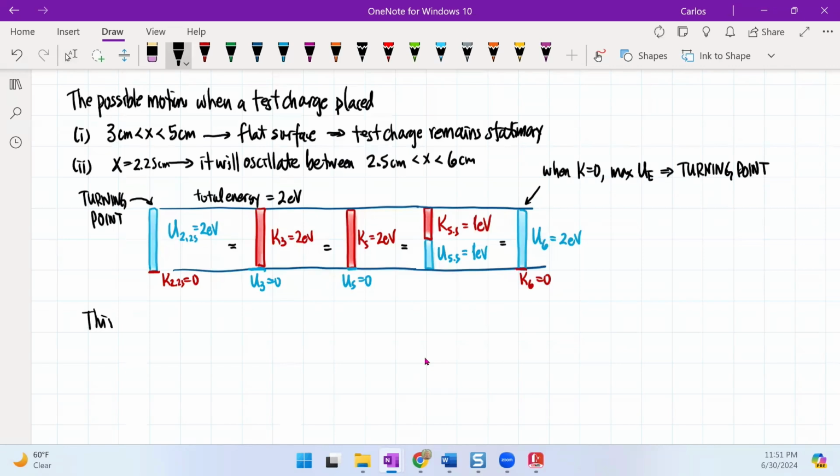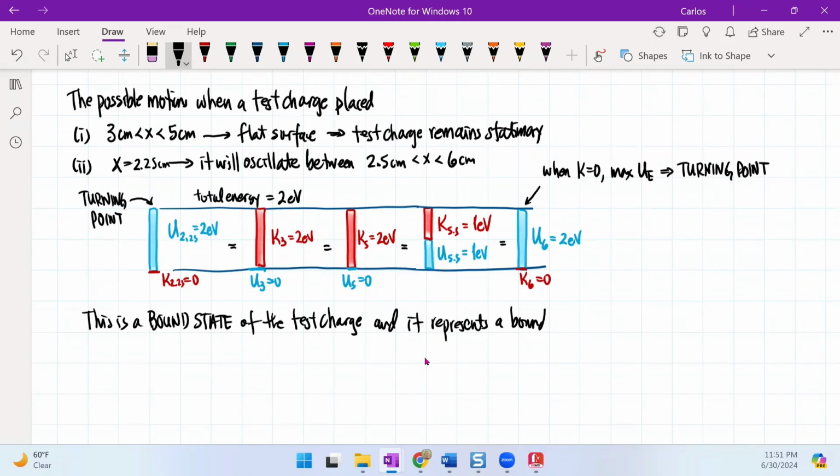So this is a bound state of the test charge, and it represents a bound electron in an atom. That's what we mean by a bound state.